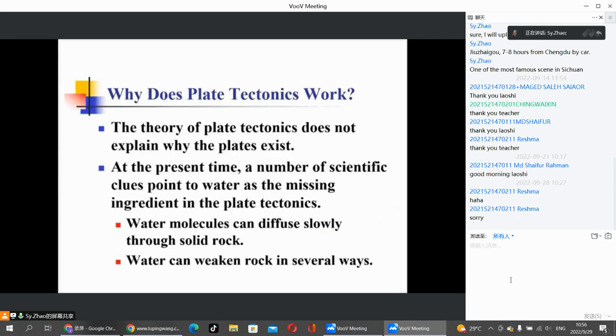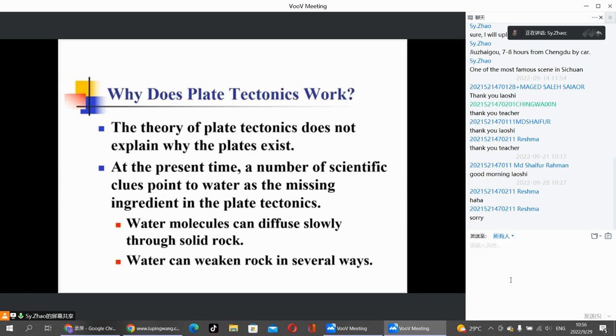And although the theory of plate tectonics has been widely accepted worldwide, this theory does not explain why the plates exist. At the present time, a number of scientific clues point to water as a missing ingredient in plate tectonics.